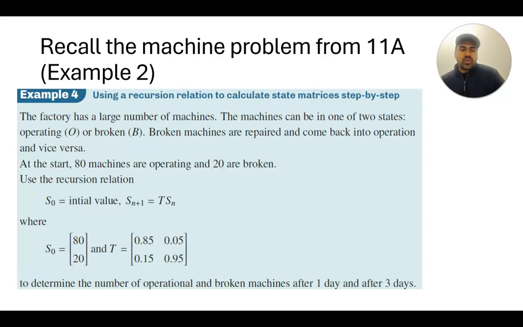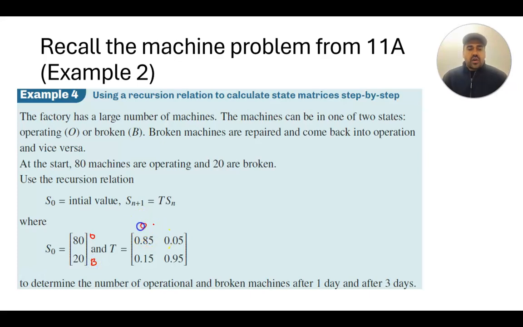And we're going to use this recursion relation to find out the likelihood, just as a prediction, of what will happen the next week, next day in this case. Now, this transition matrix, if you wanted to interpret this: this is operating and broken.